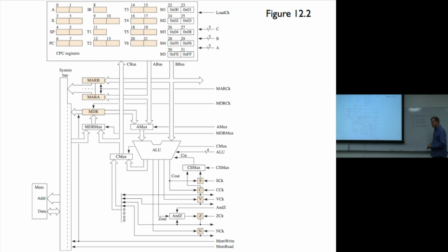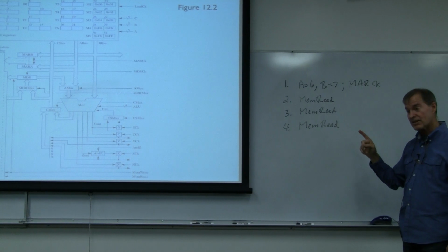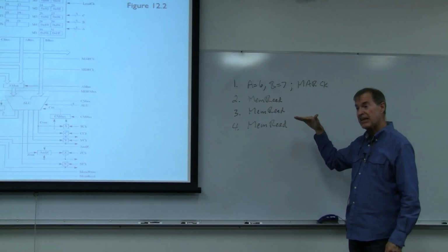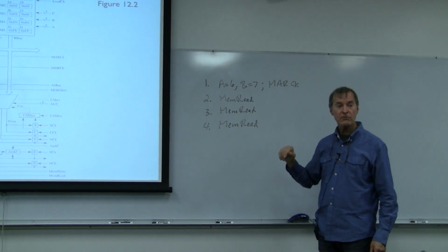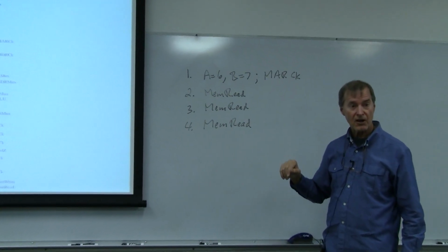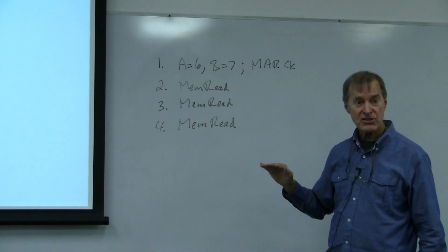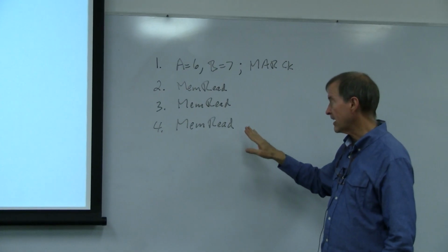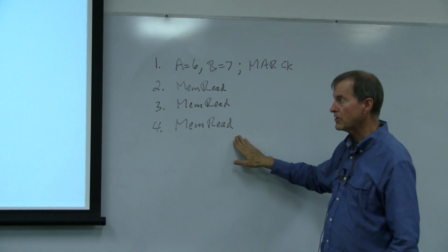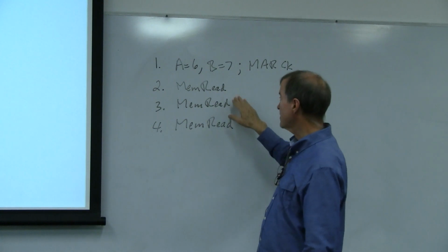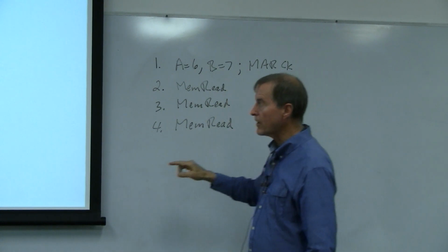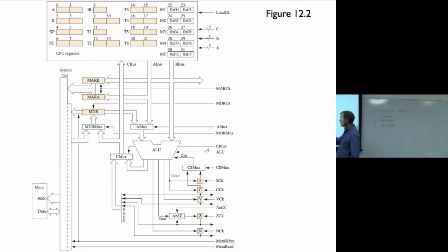The reason is because each line is one cycle. Are you with me? Each line is one cycle. And at the end of this cycle, we know that the data at this address is going to be presented here.